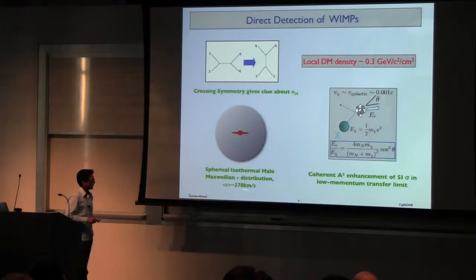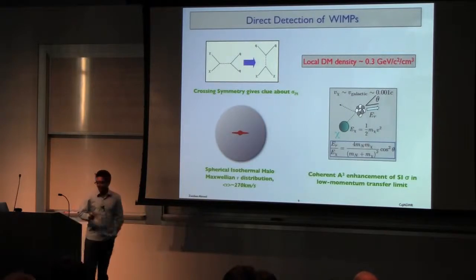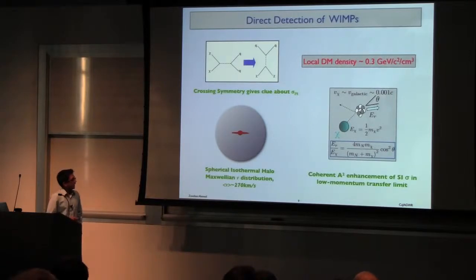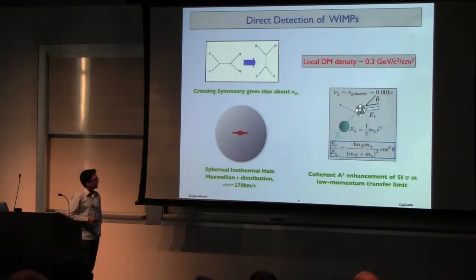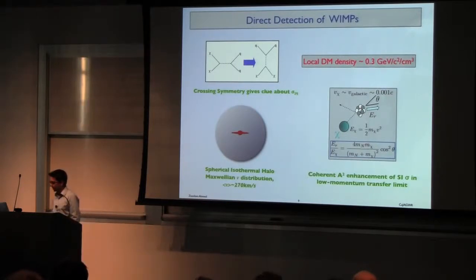We've said their characteristic velocities are about 200 to 300 kilometers per second, so they're not relativistic, and so we might be able to see coherent collisions with nuclei in terrestrial detectors. And there is an enhancement of this cross-section because the individual components from the nucleons add coherently.